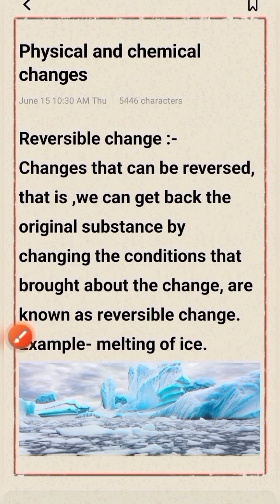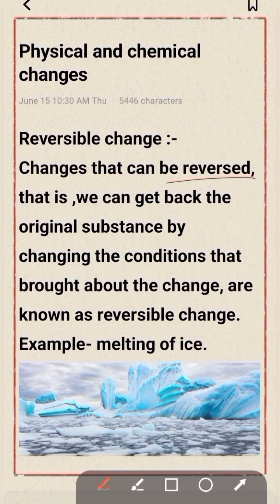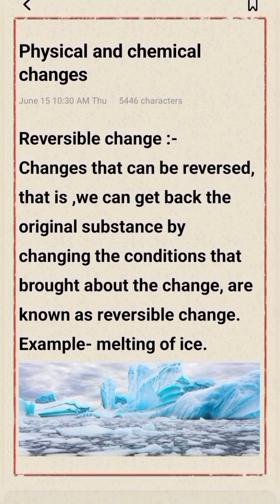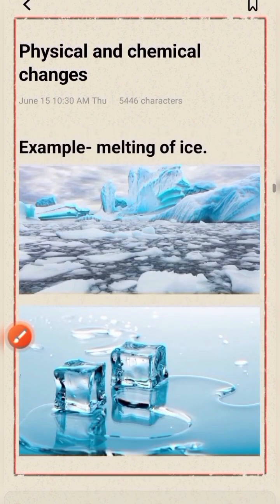Changes that can be reversed. That is, you can get back the original substance by changing the conditions that brought about the change are known as a reversible change. Example, melting of ice. Okay, show the picture, melting of ice.